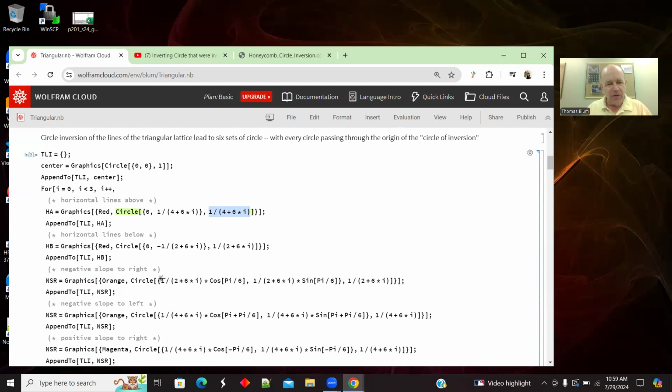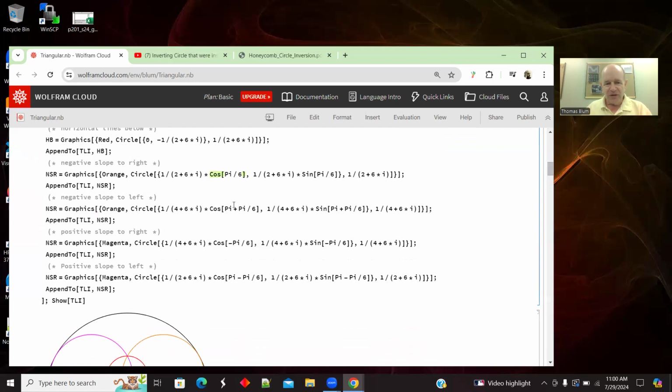And then the distance from the origin and the radii are the same. And for the other ones, all we need to do is give them a direction. So the ones that had a negative slope and were to the right, the angle was pi on 6, cosine for the horizontal, sine for the vertical.